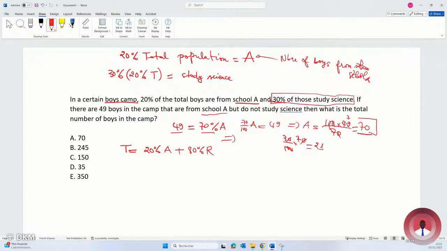Okay, so we have 70 here, and we know that 70 also represents 20% of the total boys.